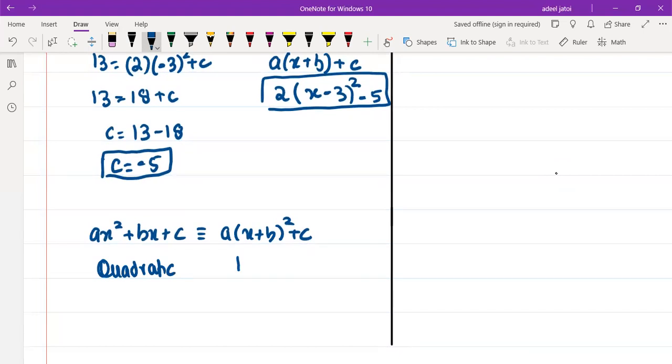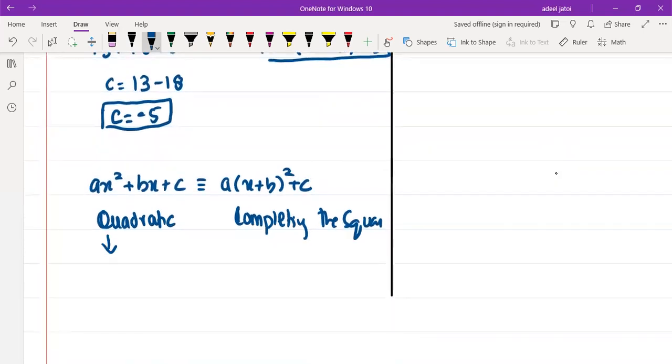And knowing the fact that we had this thing as quadratics and this thing as completing the square form, the quadratic creates the curve, whereas the completing the square form creates the turning point of the curve.